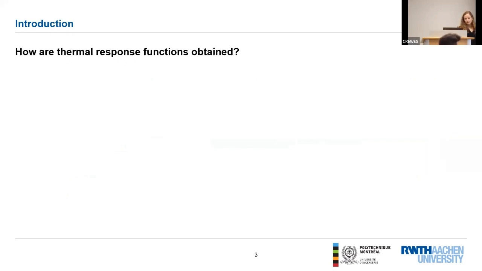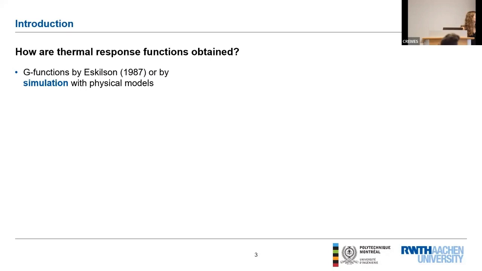Okay, so how can we obtain those G functions? The most commonly used G functions are the ones that were created by Eskilsson in 1987, who simulated the borehole wall temperature of different borehole field configurations using a numerical model.